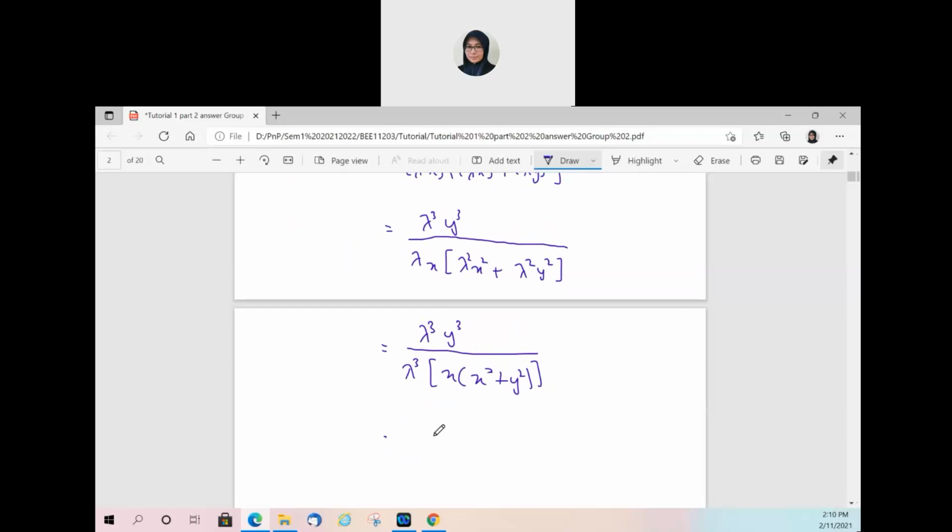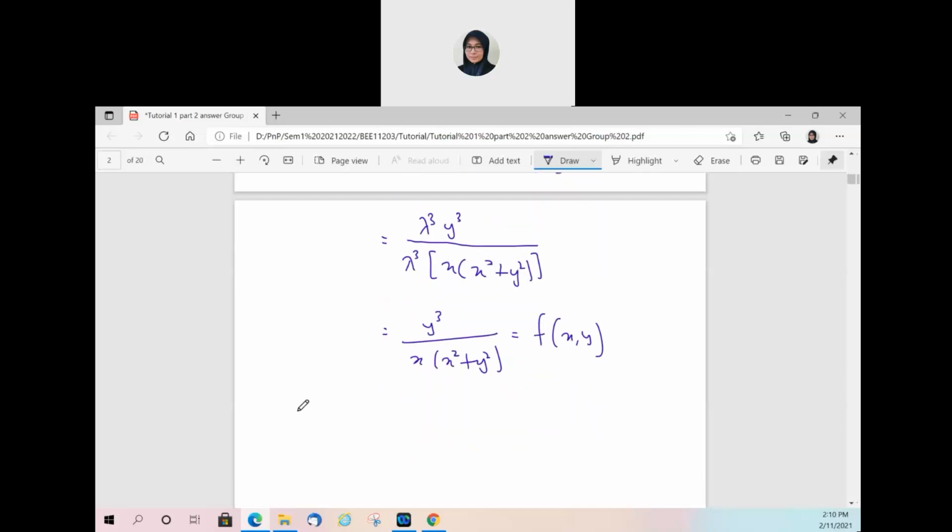Then you have y, which equals f of x, y, right? So this is the homogeneous equation.